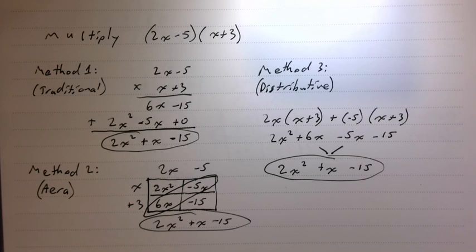In the next video, we'll explore polynomials that have more than 2 terms. So instead of 2 binomials, we might have a trinomial times a binomial. So taking these steps of multiplication and going a little bit further.